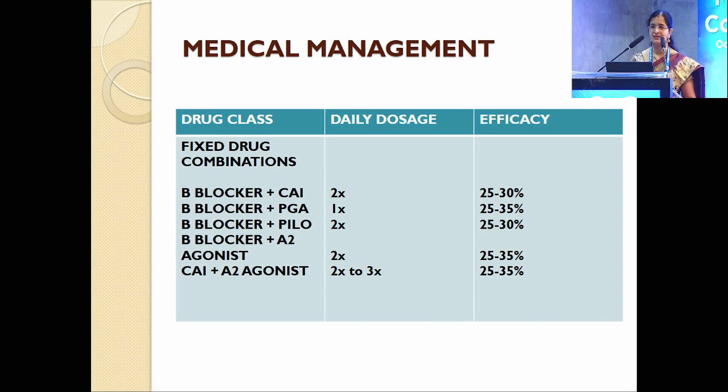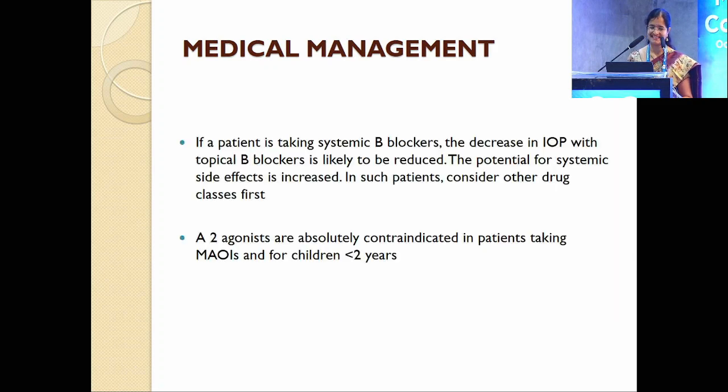There is more adherence to the medication after fixed drug combinations have come in. Although some people think that when you have a fixed drug, maybe the drugs may not act as well as when they are given individually, that's okay, because the number of instillations comes down, adherence increases, and even exposure to the preservative decreases with the fewer number of drops. So I kind of like fixed drug combinations.